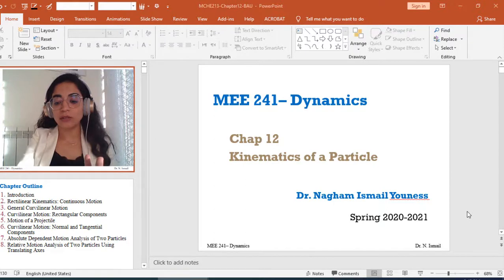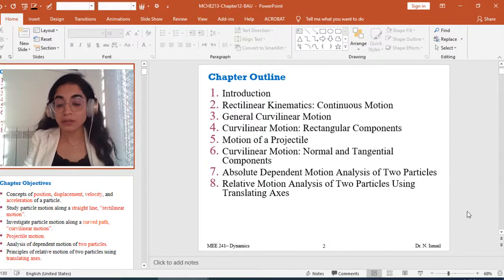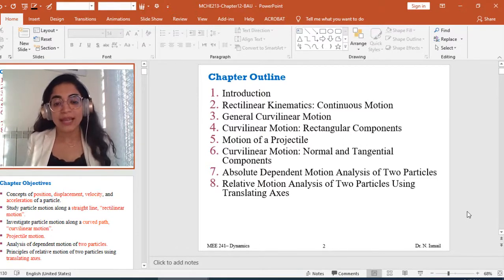As an outline, this chapter will first introduce kinematics, then we'll go over rectilinear kinematics, then curvilinear motion in rectangular components, and then in the normal and tangential components. I should also mention the motion of a particle, so we're gonna cover it, and then the dependent motion as well as the relative motion.